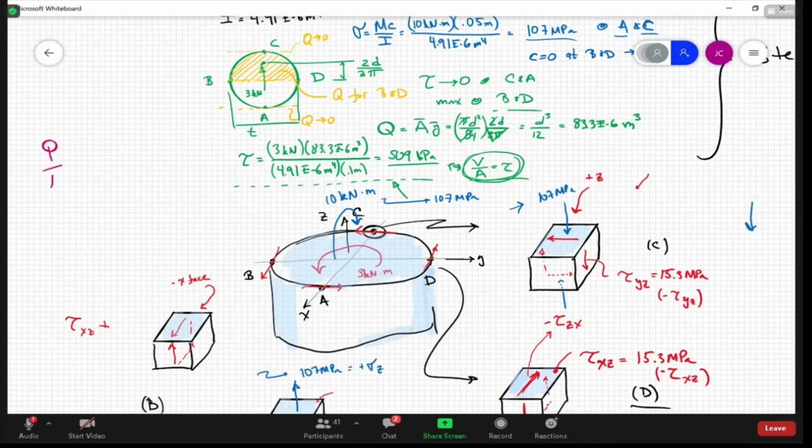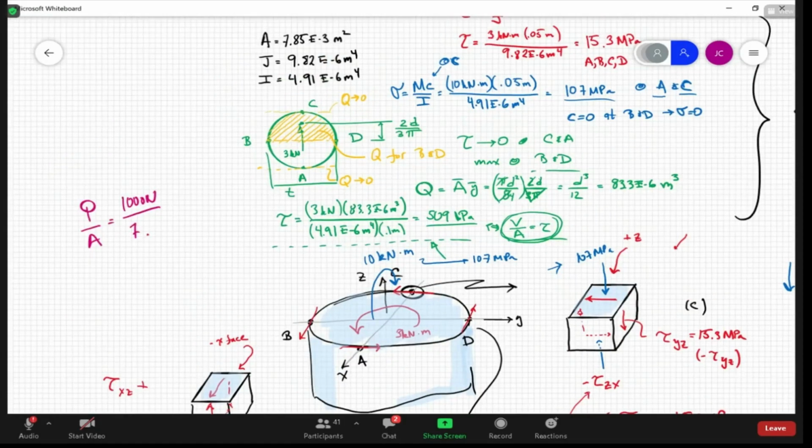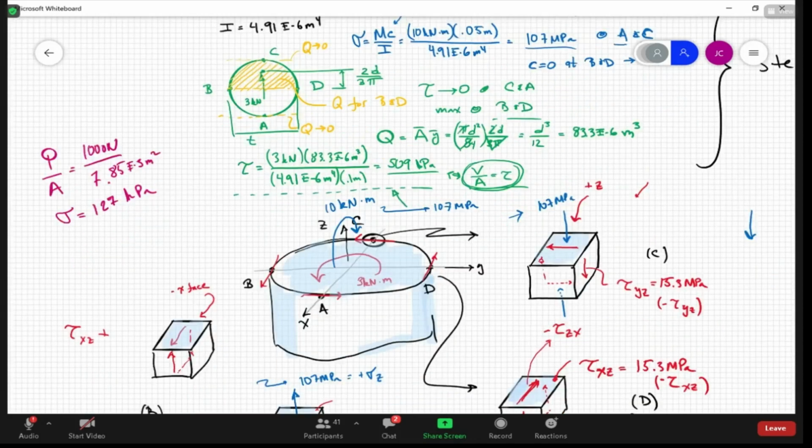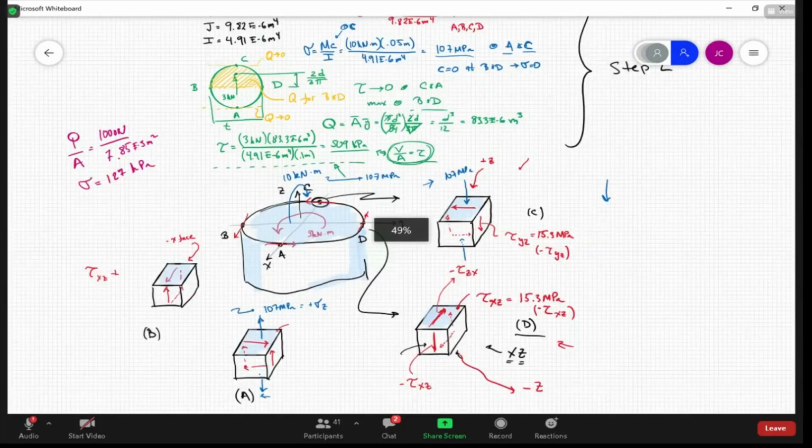The P on A stress is 1,000 newtons over the 7.85. That gives me a normal stress of 127 kilopascals, right? So that would be a compressive stress everywhere, right?